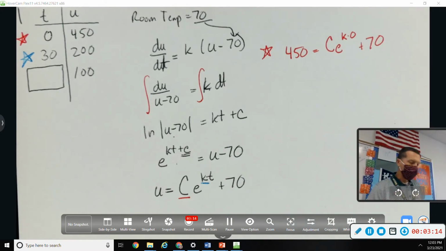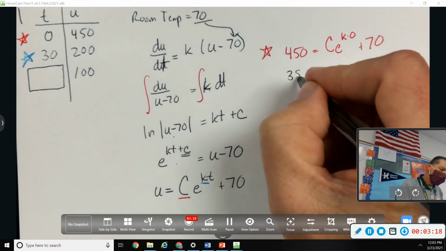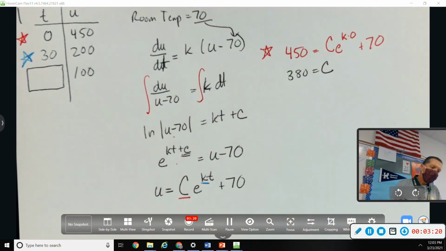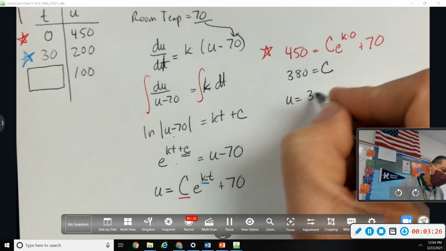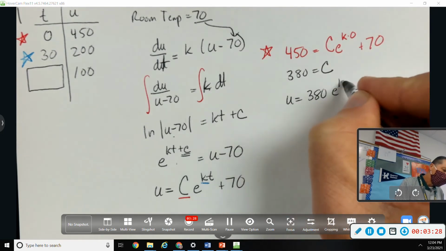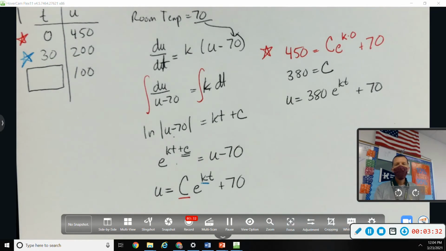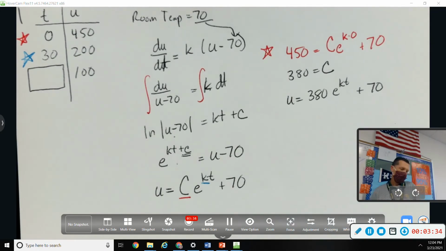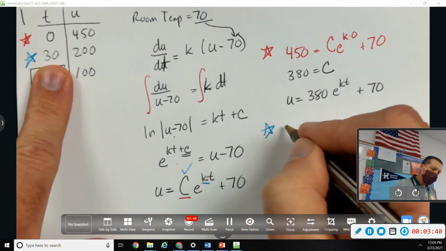So as e to the 0 is 1, subtract 70 from both sides, so C equals 380. So U equals 380 e to the kt plus 70. So we got C. Now we need to find K, which we can usually find with that second piece of information.